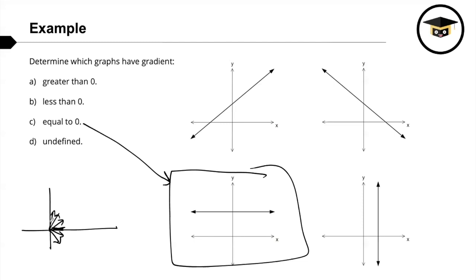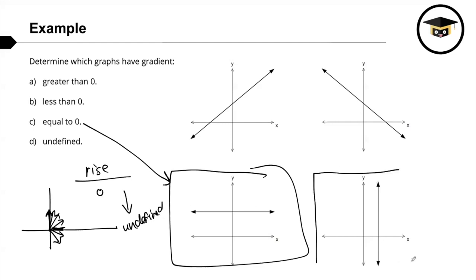What if we have a vertical line? That means we have a rise, but we have no run. The run would be 0. Now, if you divide something by 0, hopefully you know that the answer is undefined. So you could technically think of it as the gradient is infinity, but in reality, the gradient is undefined. And so that's why this one here, which is a vertical line, has an undefined gradient.